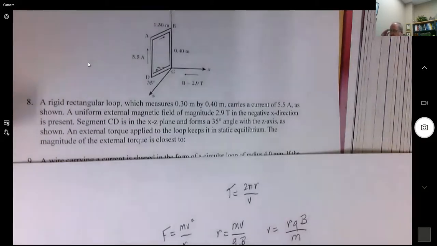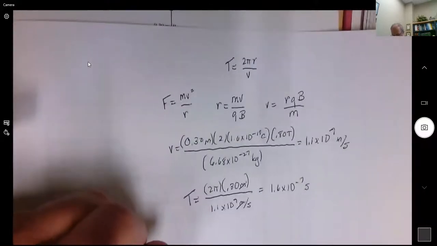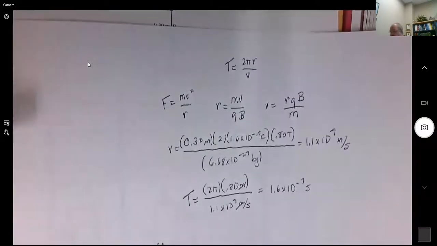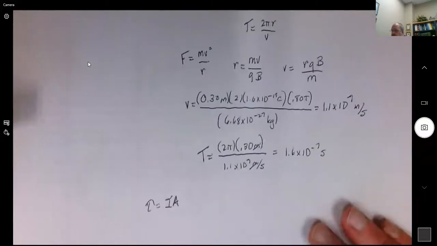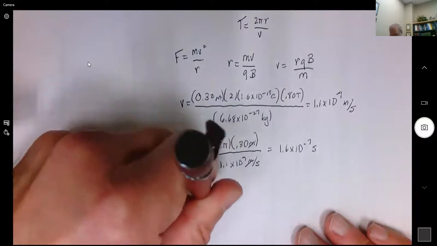Okay, so first of all, we need to know what torque is being applied by this magnetic field. So to do that, we know that the torque is equal to the current times the cross-sectional area times sine of alpha.